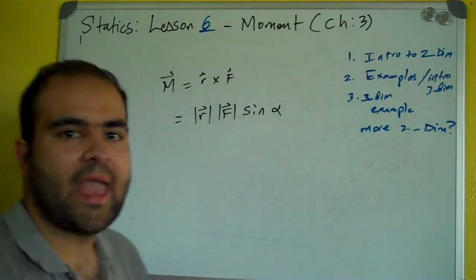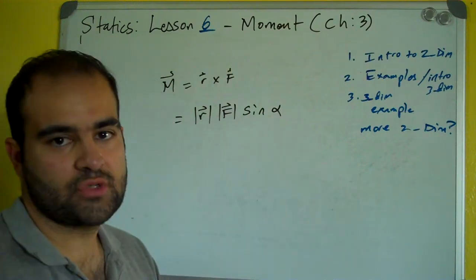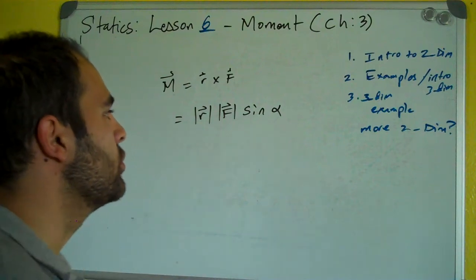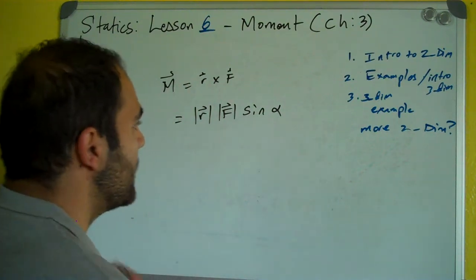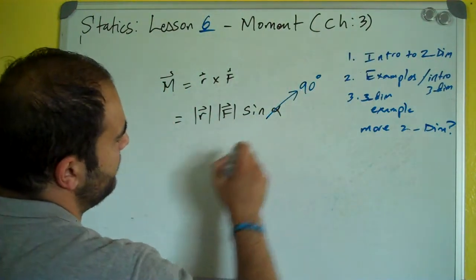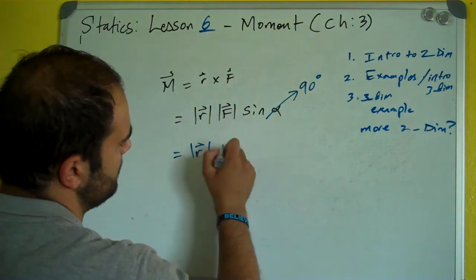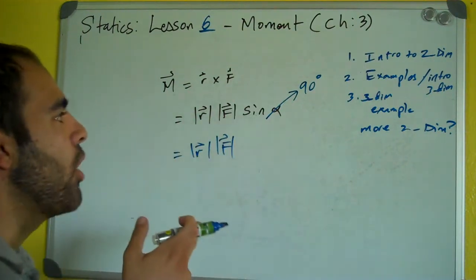Alpha is the angle of separation, or angle between the arm vector and the force vector. It depends on the nomenclature you're following. If it's 90, we're going to have just this. And that's how I'm going to teach you moment.